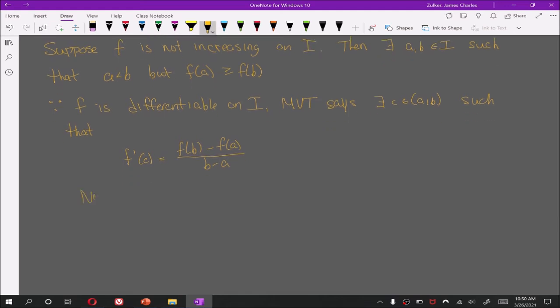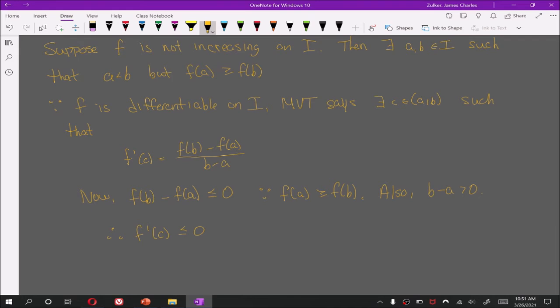Now, f of b minus f of a would be less than or equal to 0, since f of a is greater than or equal to f of b. Also, b minus a must be strictly larger than 0. This tells us that f prime of c is less than or equal to 0.